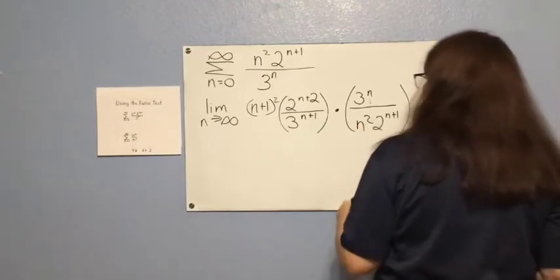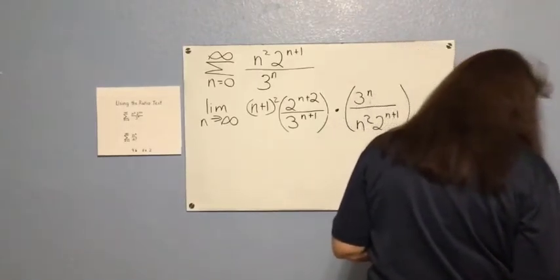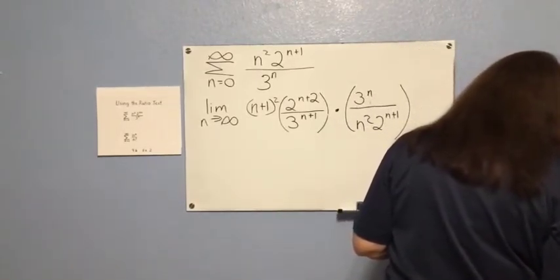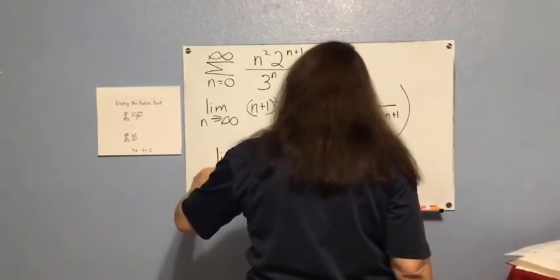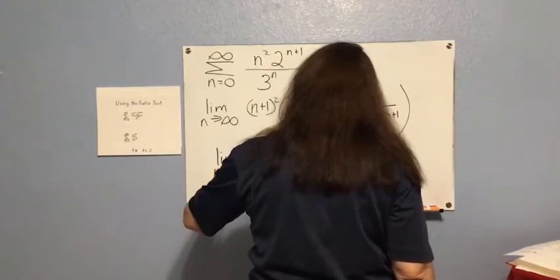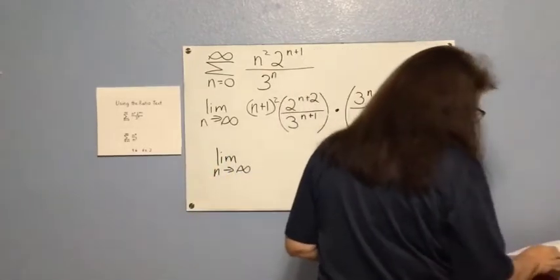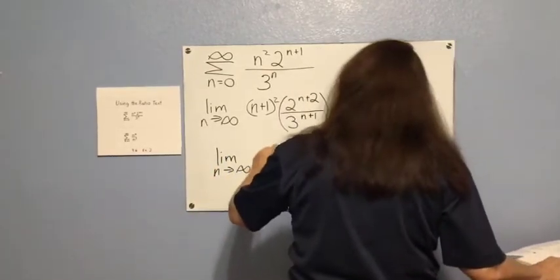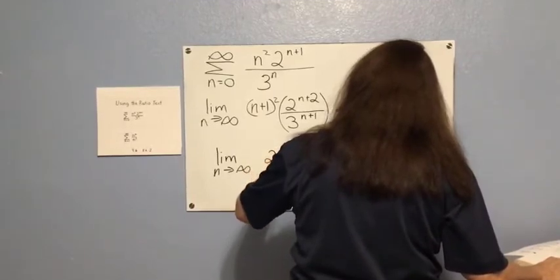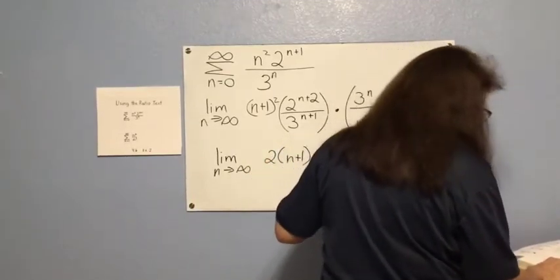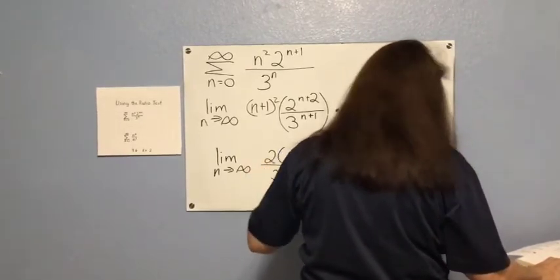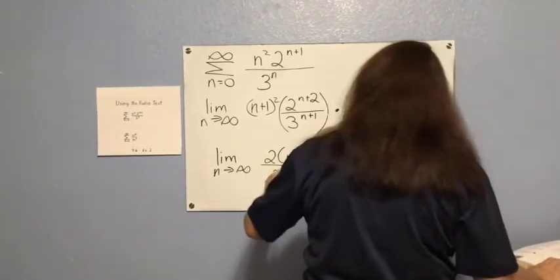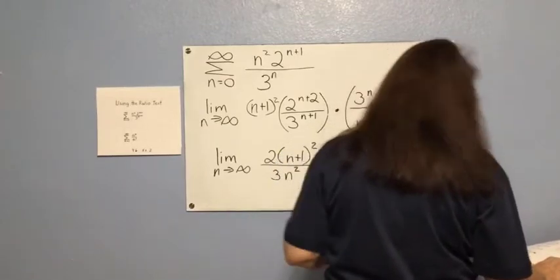Okay, when I work that all out, cancel out things that can be canceled, I get the limit as n goes to infinity of 2 times n plus 1 squared over 3 n squared.